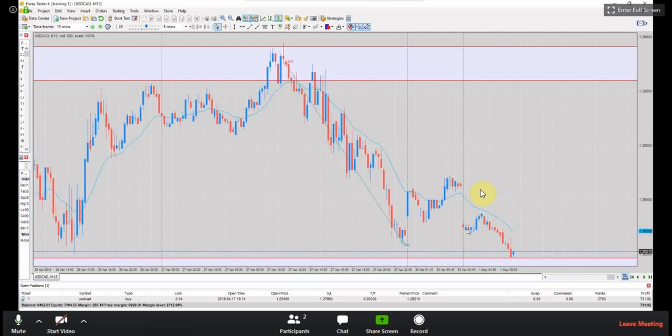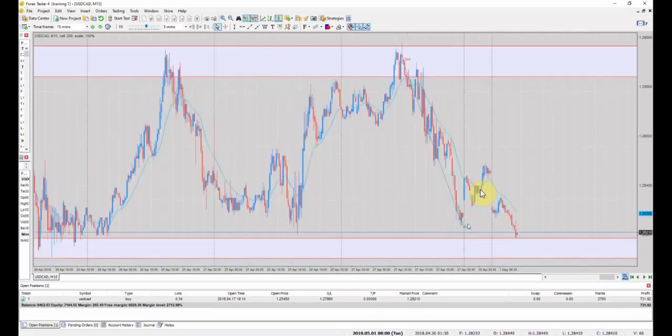Exactly, but we can still consider this if we look in 15 minutes. So let's find out if the 15 minutes resistance could likely hold the price action, and compare who is stronger, the higher time frame or the lower time frame.